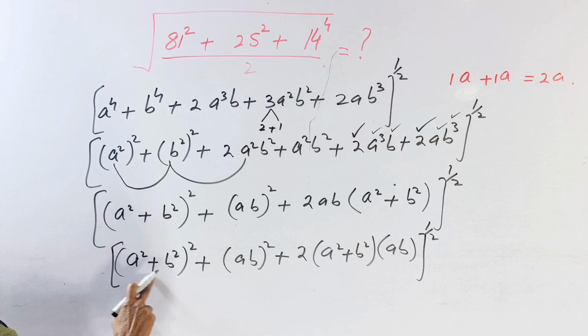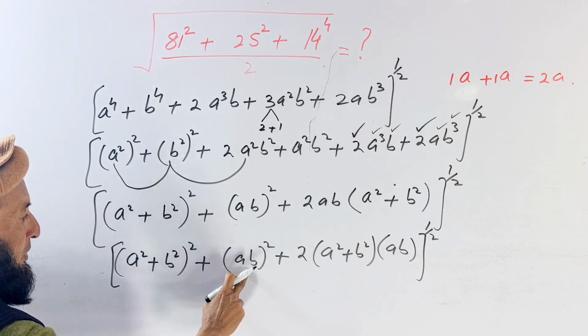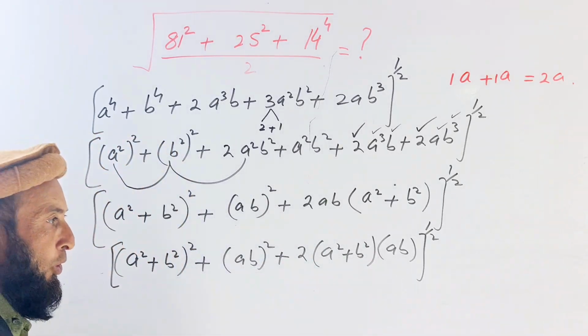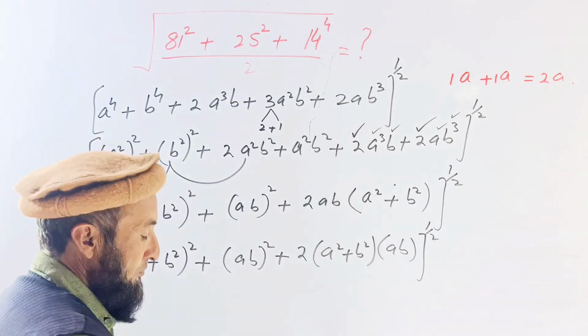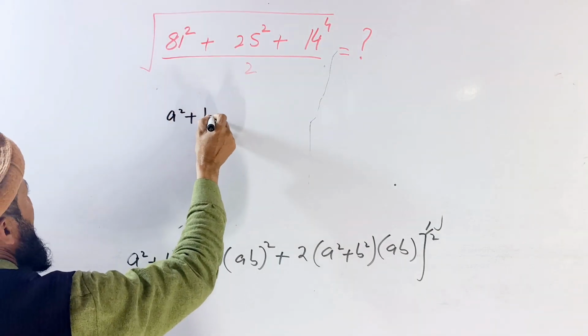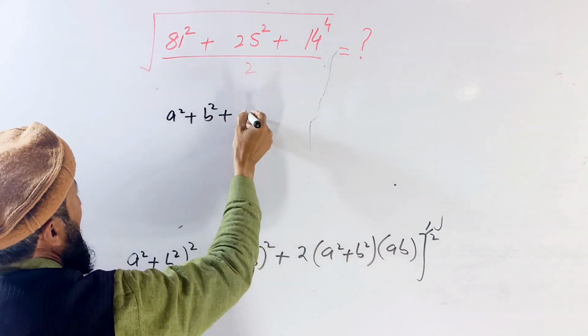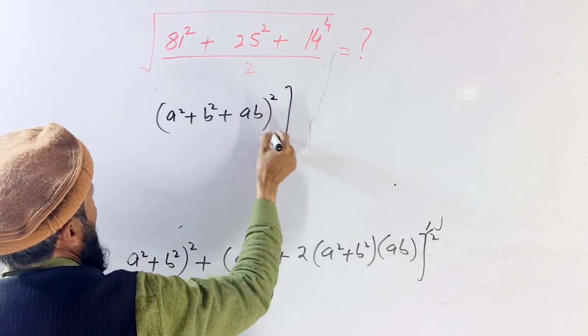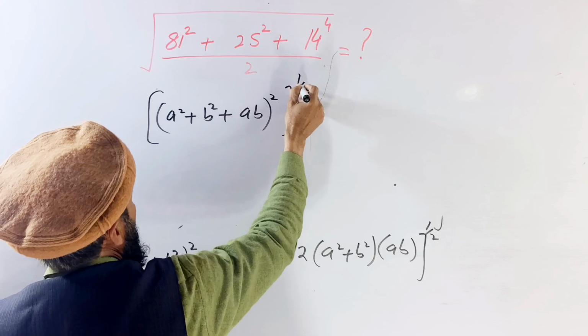Now if we consider a^2 + b^2 as one term and ab as the other, then a^2 + b^2 + 2ab is equal to (a + b) whole square: ((a^2 + b^2) + ab) whole square, to the power 1 by 2.